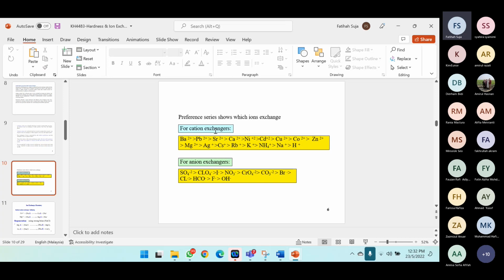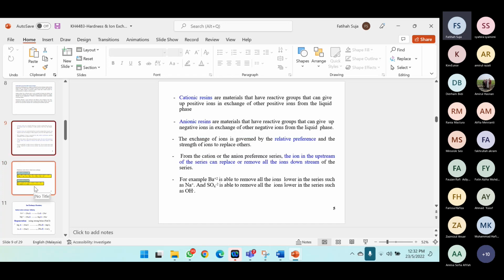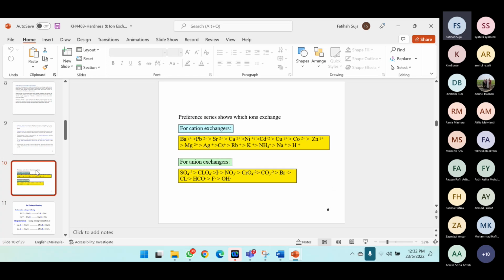Yeah? For cation exchange, let's say you want to remove magnesium. So you know the strongest cation in the series is barium, and then it's followed by plumbum, strontium, calcium, nickel.